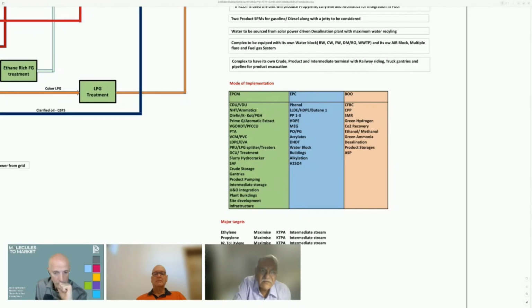That is number one. Number two is that in EPC mode, the owner is transferring the risk to the EPC contractor. Because in an EPCM route, the direct order is being placed by the owner. So it is between the consultant and the owner that they share the risk of the plant. The owner takes the risk.